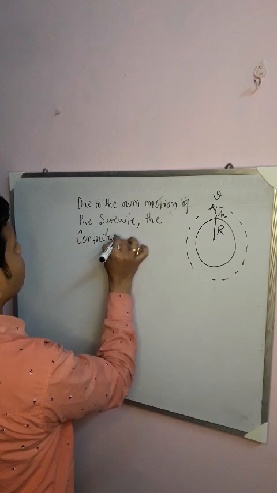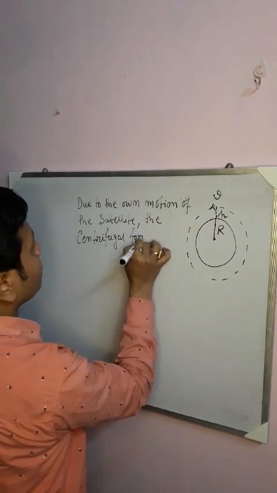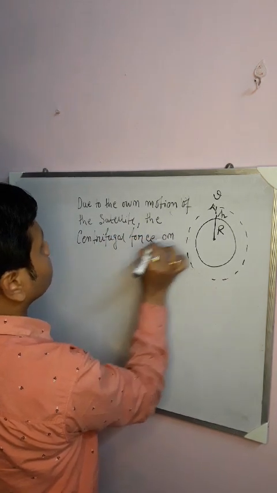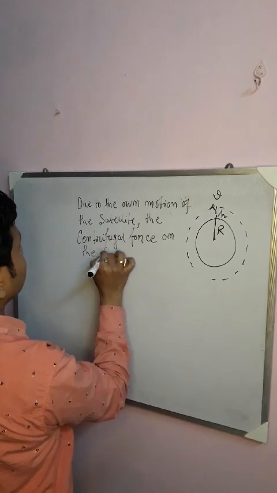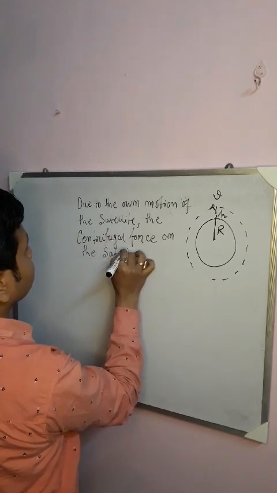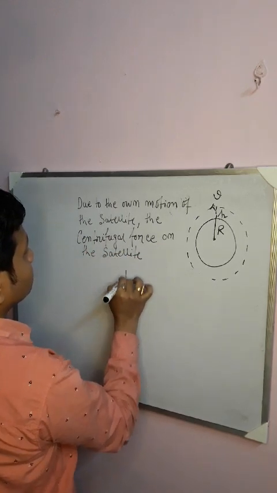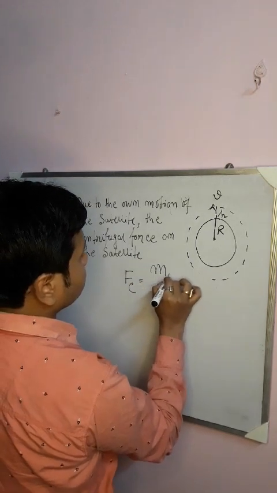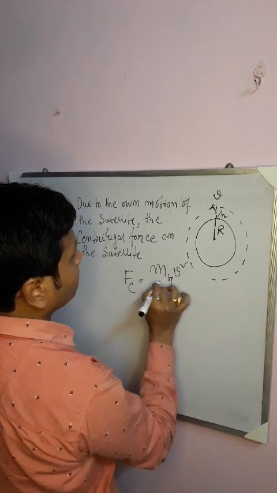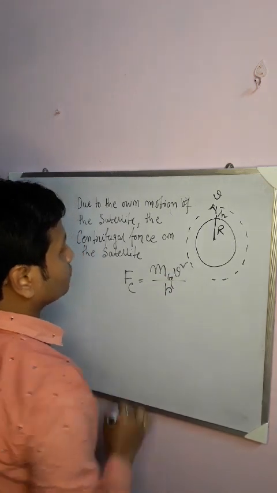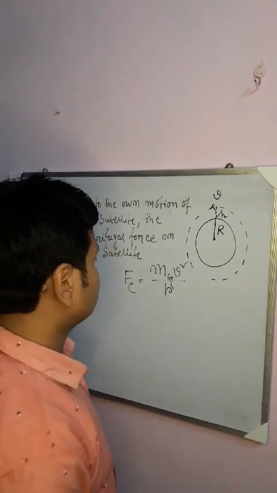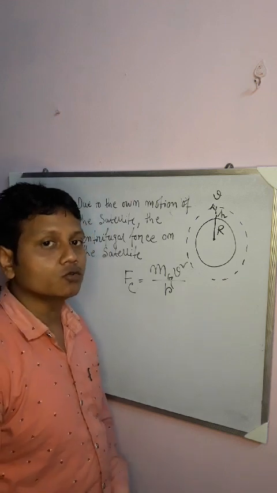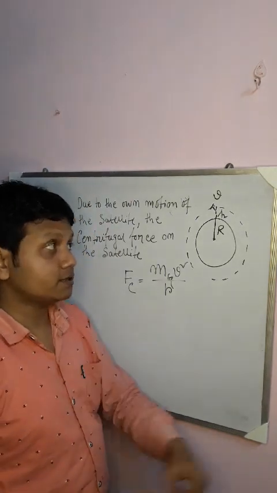The centrifugal force on the satellite, say Fc, is mass of the satellite into its velocity square by r, and r means small r. This is the centrifugal force due to the own motion of the satellite.